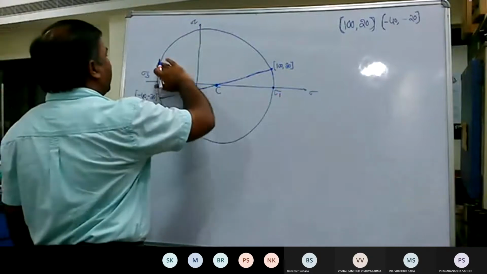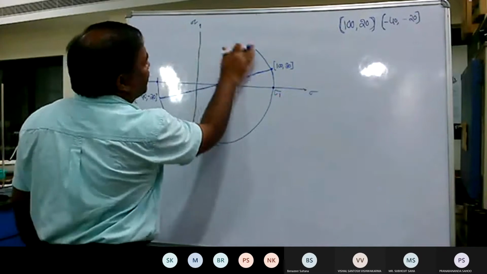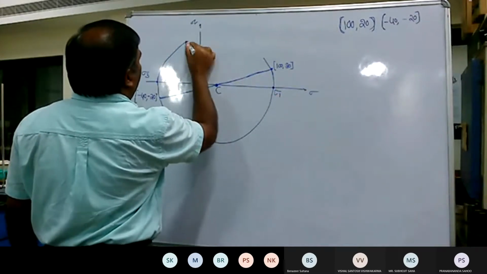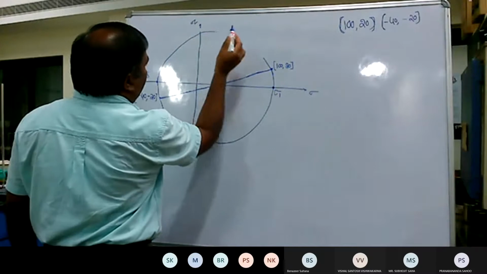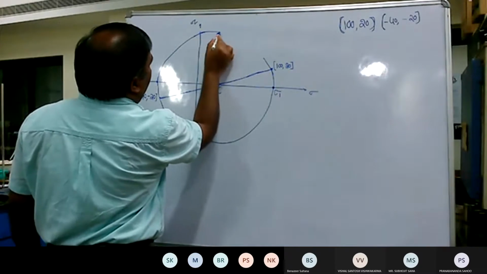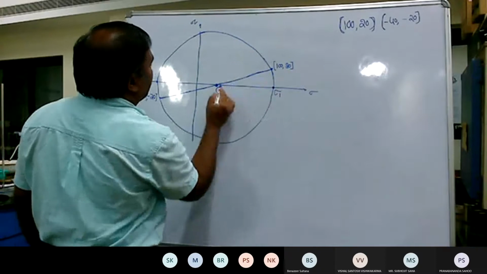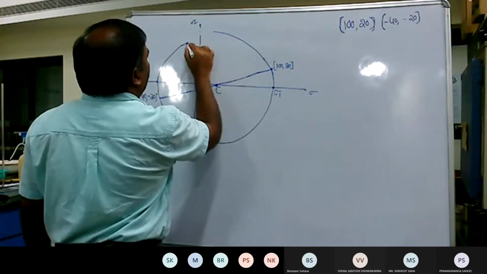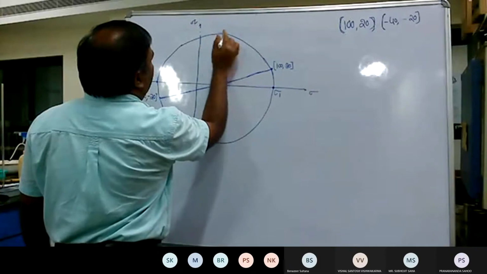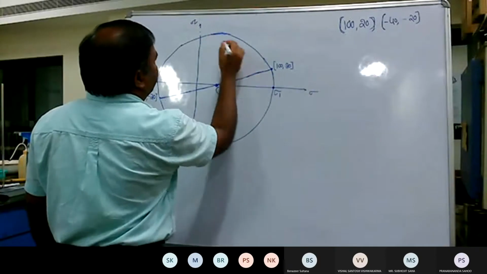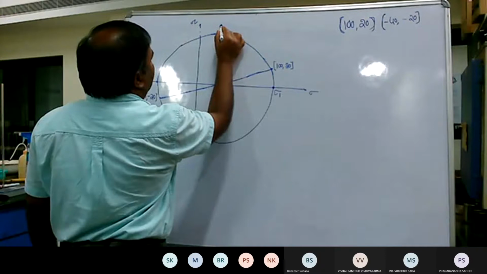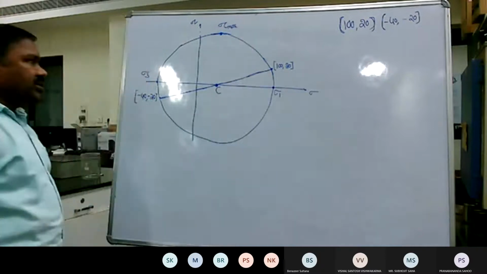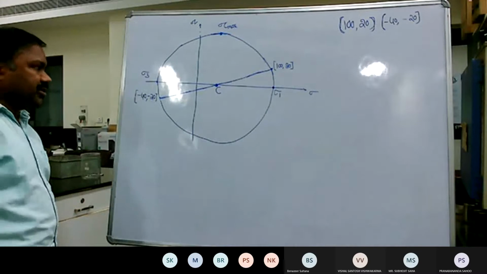So here, if I redraw a little bit carefully, somewhere here, this is tau max. So that is the maximum shear stress.